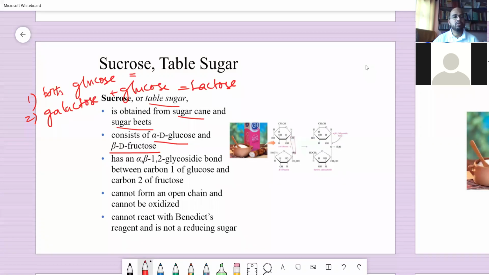In the third case, glucose plus fructose giving rise to sucrose.